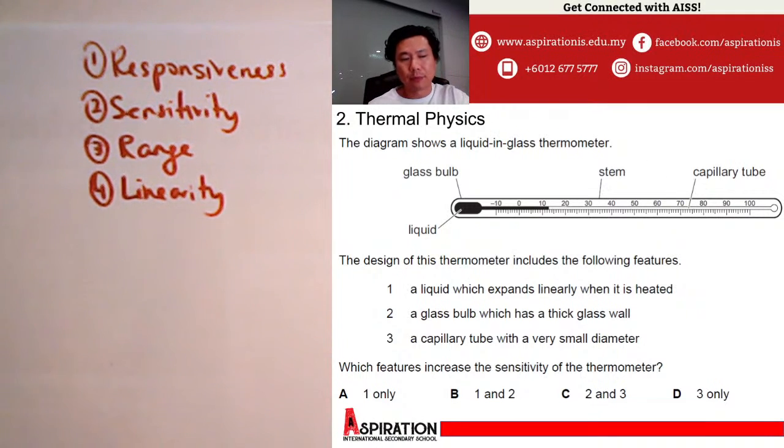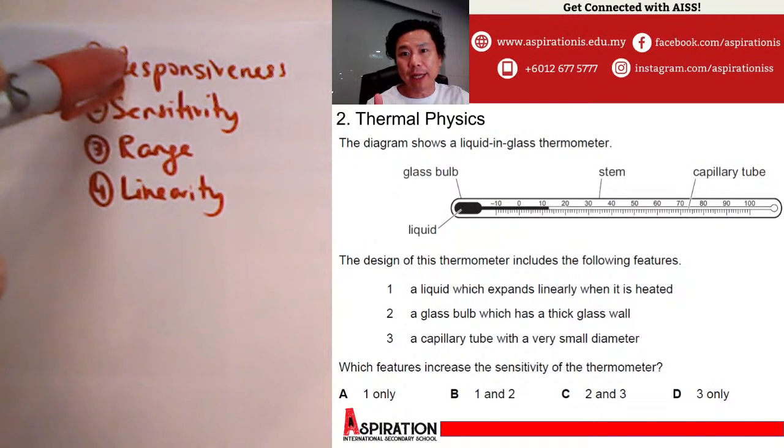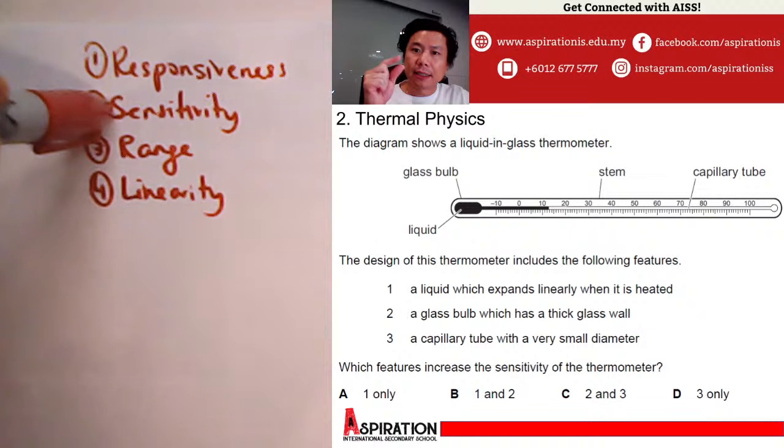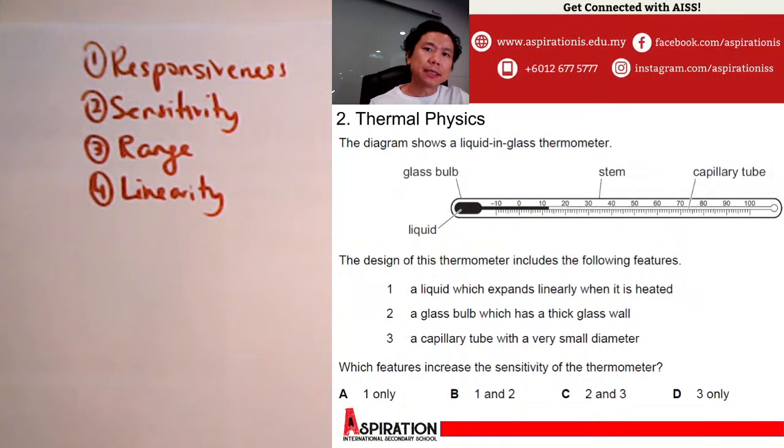Make sure you know all of this. I'll just mention it briefly. Responsiveness is how fast, the rate, you can reflect the correct temperature. Sensitivity is the distance moved by the liquid per unit temperature change. So when I say the thermometer is more sensitive, for the same unit of temperature, 1 degree Celsius, it moves more.